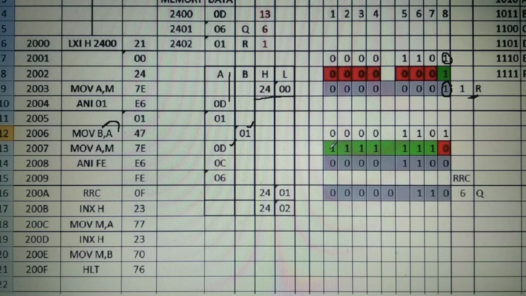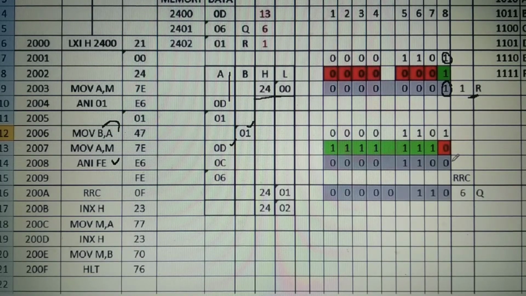The remaining bit positions you require as it is to find the quotient, and the last bit is not required, therefore it is in red, so ANI with FE. All bit values you will get as it is except the last. At the last bit you will get 0 because the bit is 0 and you are performing the AND operation.